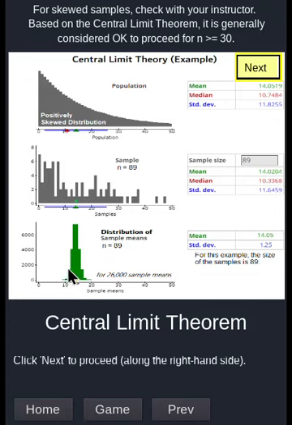The distribution of sample means looks really normal. It's not perfectly normal, right? You can see it's just slightly off here and there, but it's really close. And so, in general, many people go with the idea that if the sample size is 30 or greater, then it's probably going to be okay. But again, always check with your instructor or employer, the best way to proceed there.